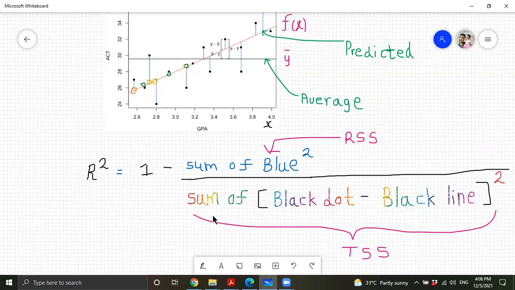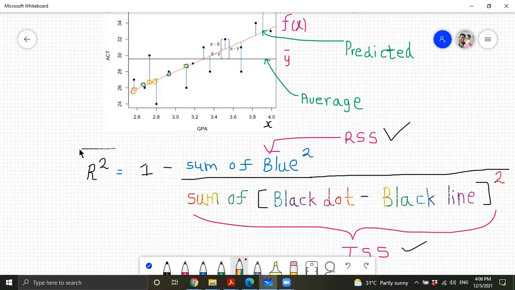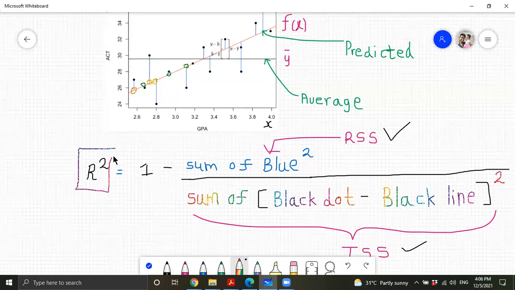So we get some value for TSS and some value for RSS. If we divide RSS by TSS, multiply by -1 and add 1, we get our R square. In machine learning, we check model performance using R square, or the coefficient of determination, in regression problems.